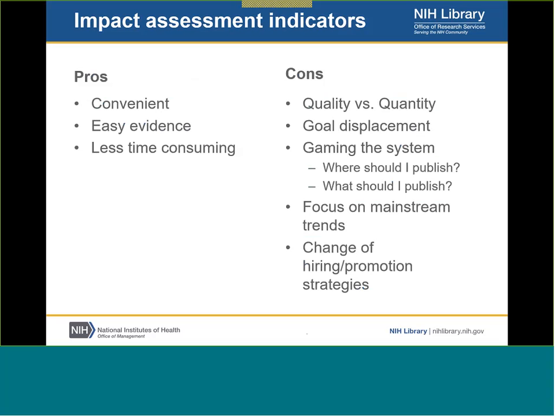Okay, so a lot of times when we look at impact assessment indicators, we face a lot of strengths and limitations as well. Some of the major strengths, of course, include that it's very convenient because there are so many numbers that we can look at. It also provides easy evidence because we can use those numbers to do comparison easily, and it is less time consuming.